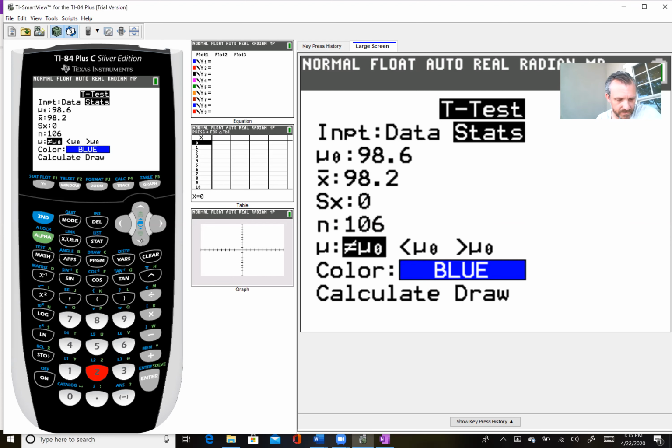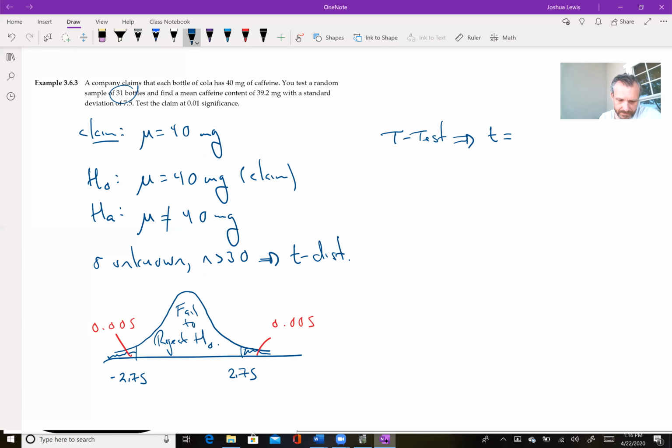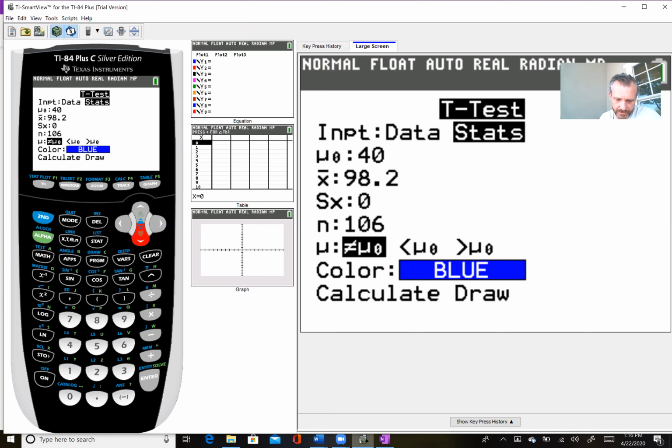So the stats, mu0, right? The claim is that there are 40 milligrams of caffeine. The mean from our sample is 39.2. Notice that it's not asking for sigma, it's asking for S, right? Because the calculator knows that a t-test is when you're given a sample but don't know the population standard deviation.